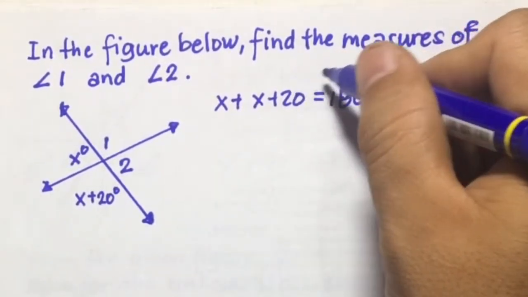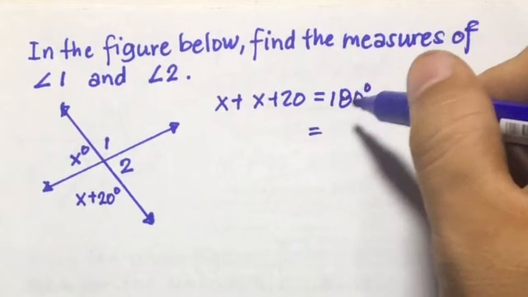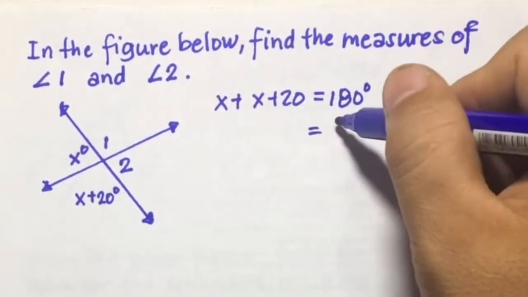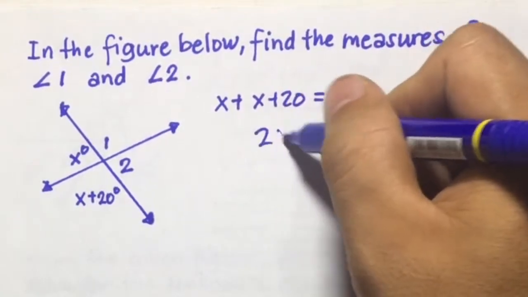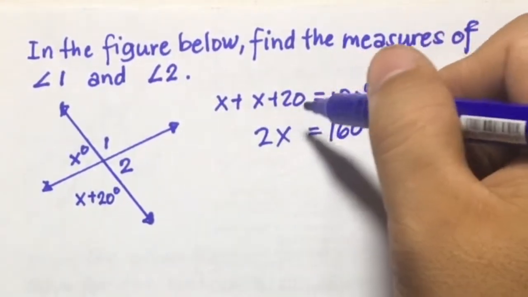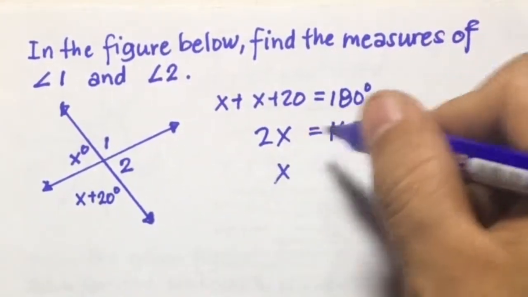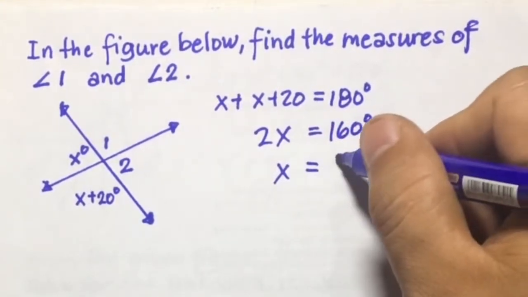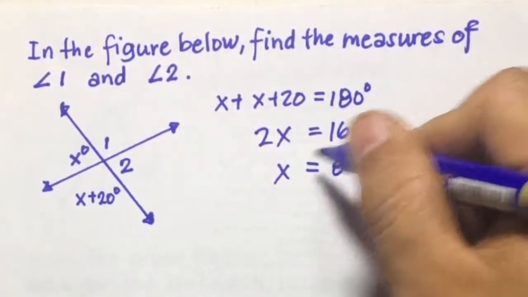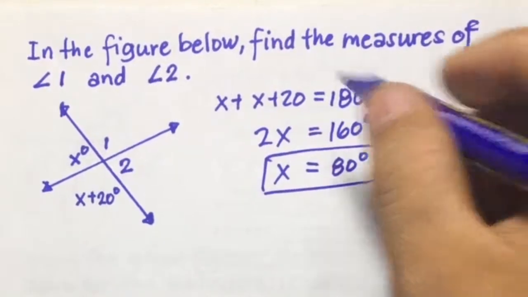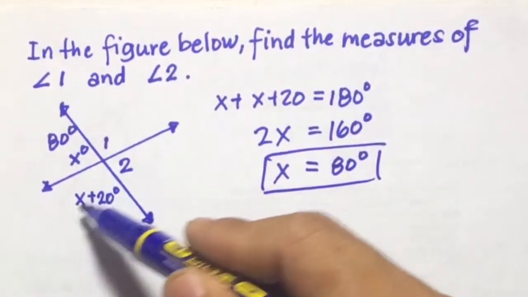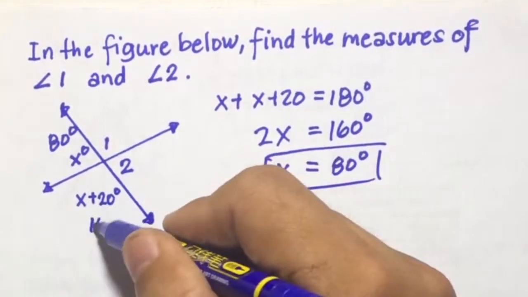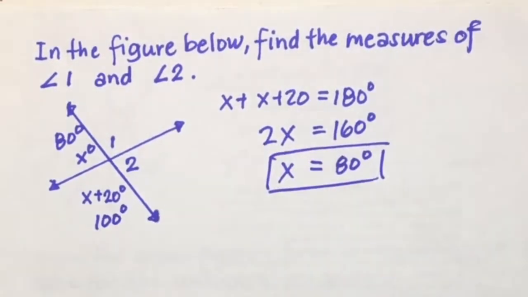Then transposing 20 to the right side, we have 180 minus 20, that will be 160 degrees. Then x plus x will be 2x. Then dividing both sides by 2, we can have x equals 80 degrees. So x here will be 80. Then this is x plus 20, so 80 plus 20 will be 100 degrees.